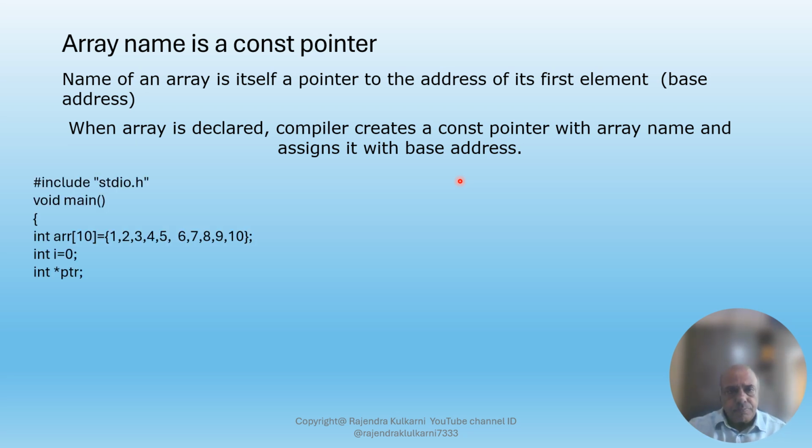What will happen if we try to access the array through its name as a pointer and increment the pointer to access the various elements of the array, we will see in this slide.